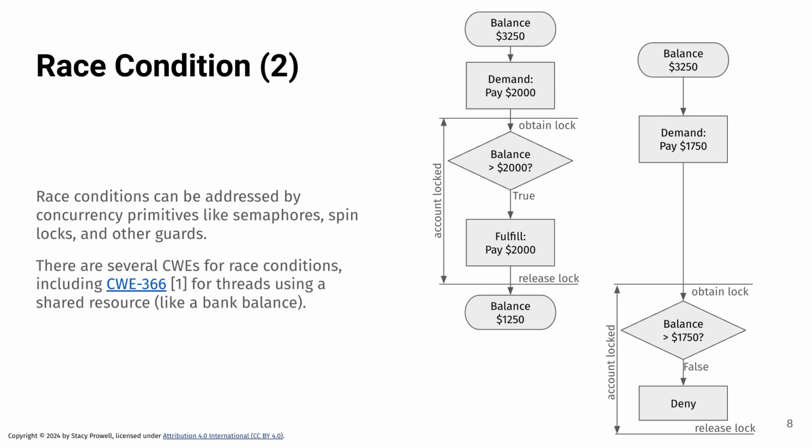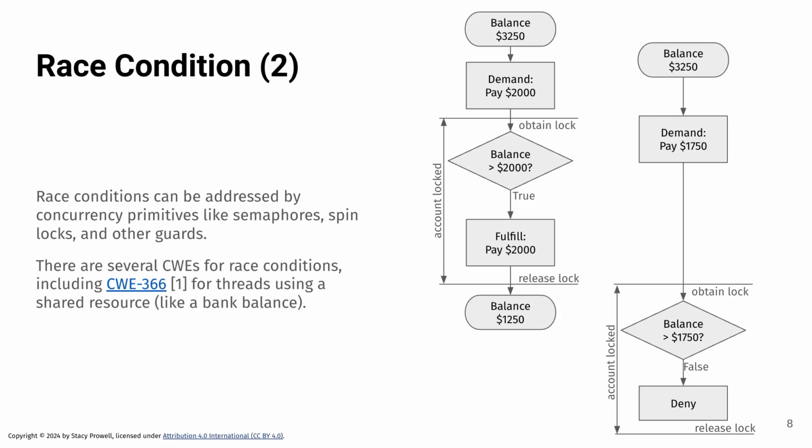So over on the right now, we check the balance and it's 3250. Then there's a demand, and at this point we need to actually do some stuff with it. So we obtain a lock. We check to see if your balance is greater than 2000. It is. We fulfill the 2000 payment. We release the lock, and your balance is 1250.